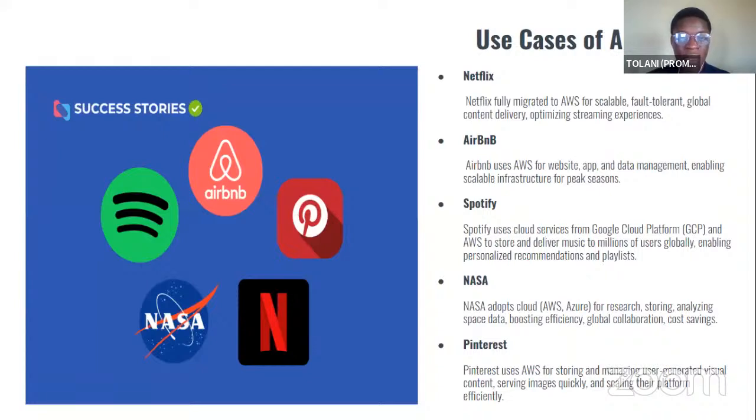And the last one we have on our list here is Pinterest, a company focused on serving images, right? It uses AWS for storing and managing user-generated visual content, serving images quickly, and scaling their platform efficiently.